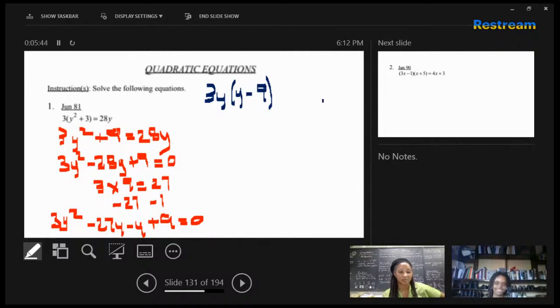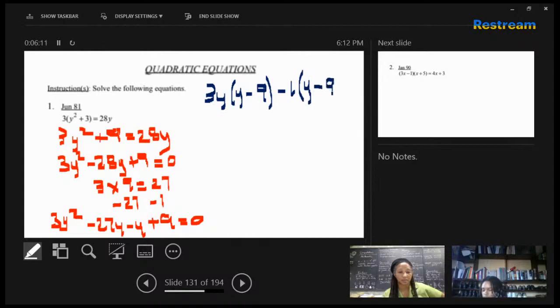There's no y left. Okay, so the common factor for negative y and positive 9 is going to be negative 1. So negative 1 into negative y goes y times, and negative 1 into positive 9 is negative 9.